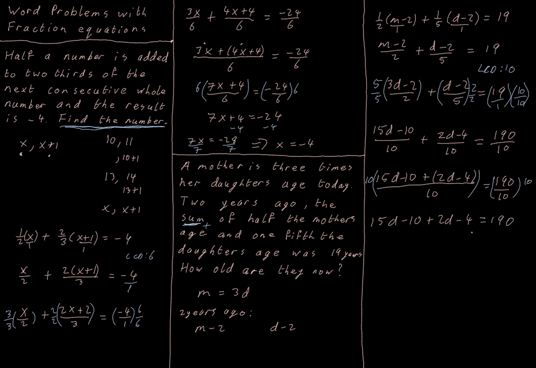And now I'm solving for D, and I need to be careful. How old are they now? I also need to find the mother's age, but I need to do this first. So add up like with like. So I have 17D minus 14 is equal to 190, and solve for D. So I want D by itself.